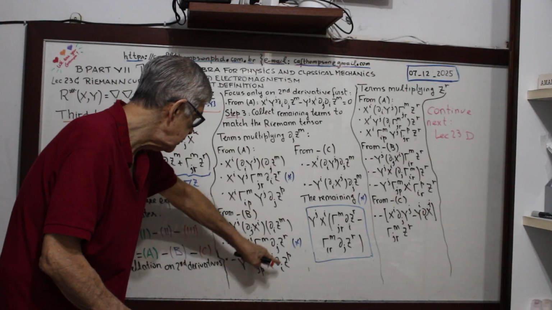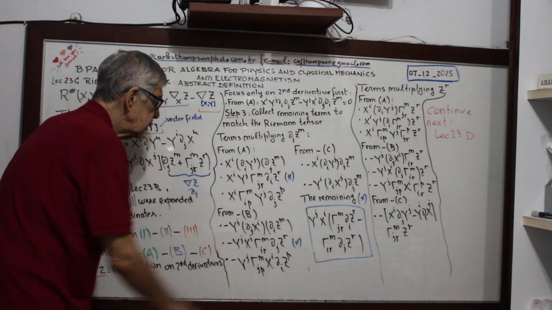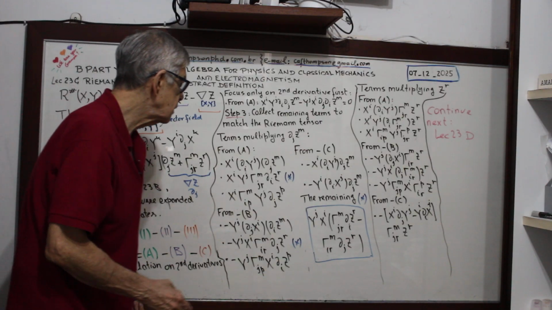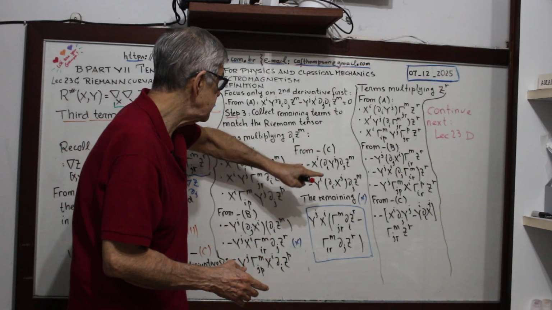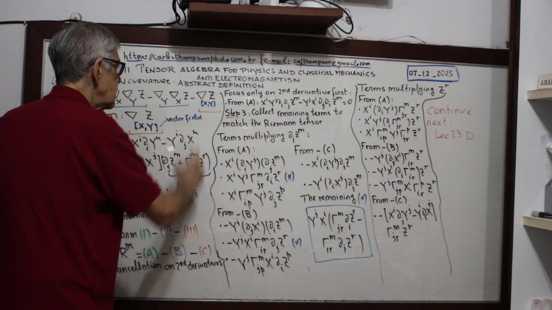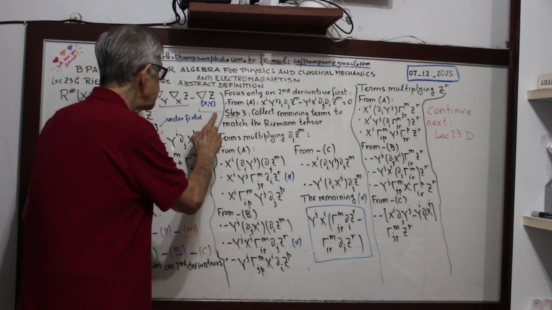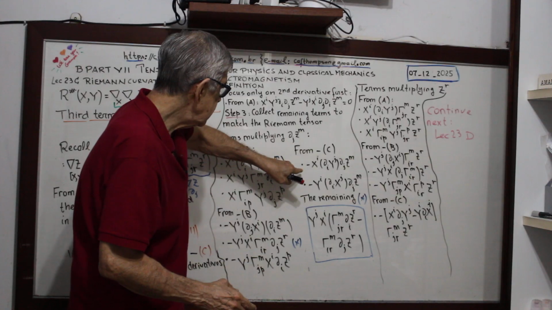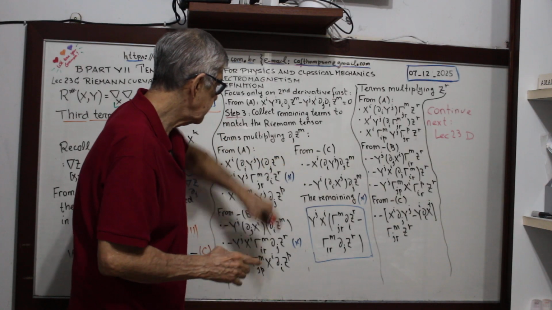This minus yj, I just copy from there and write over here. Now, finally from minus C, in this case, it involves the Lie derivative. I just copy from there and write these two terms over here.